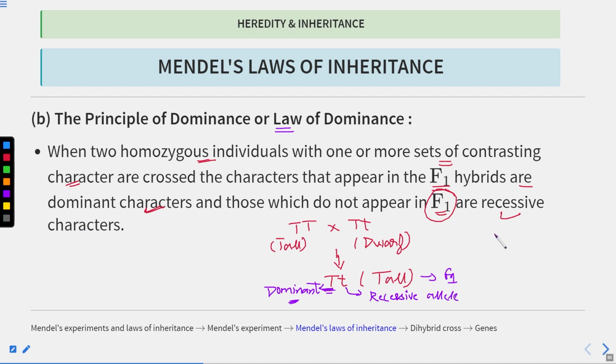So you can write here: expression of the recessive allele, or you can say a recessive gene, is masked by the dominant allele, or you can say the gene. Clear? So this is known as the law of dominance.